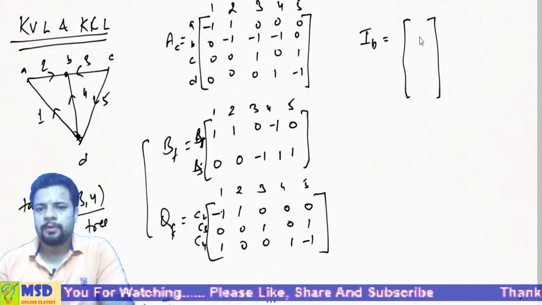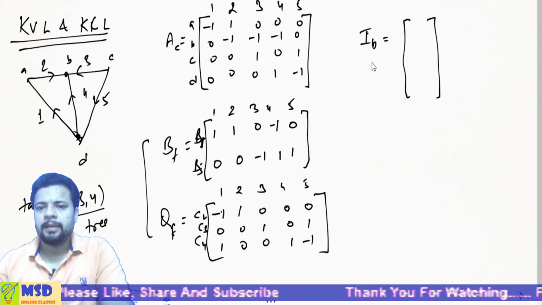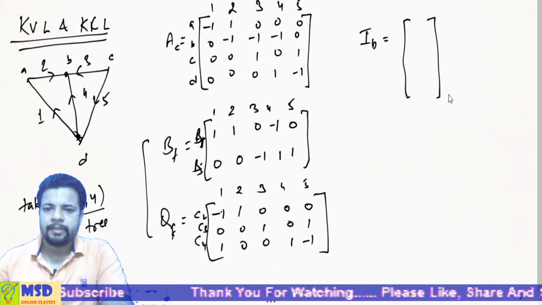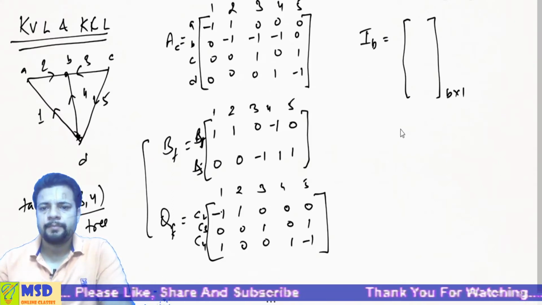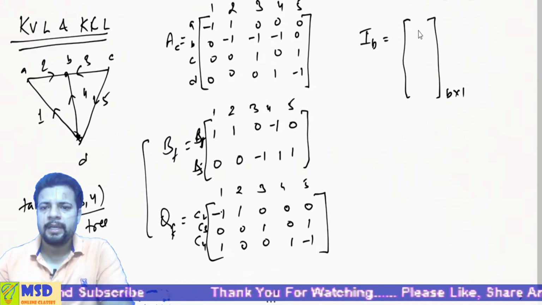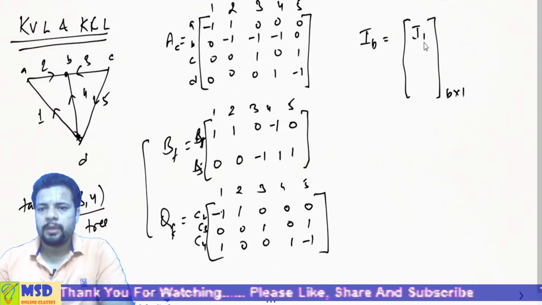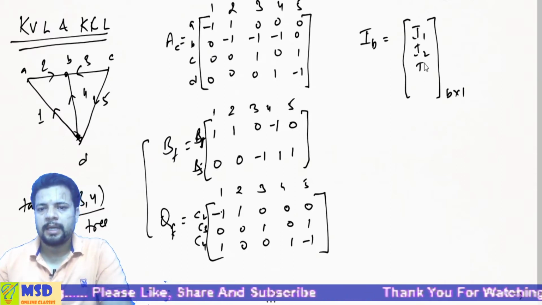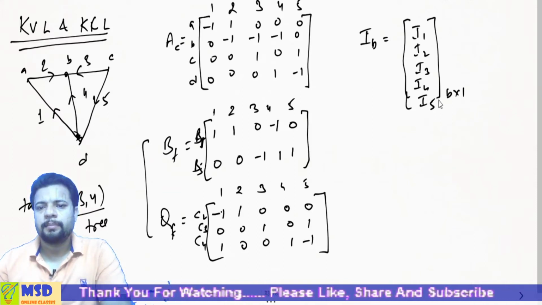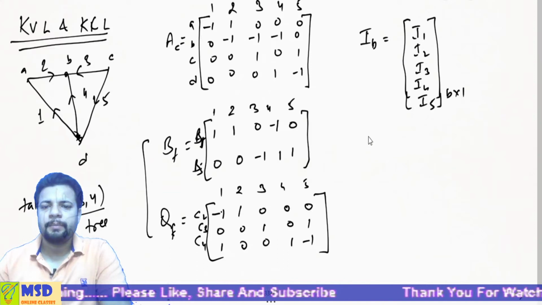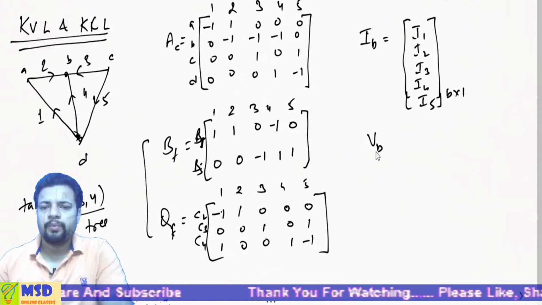Then for these 5 branches, IB, your branch current matrix, is a B cross 1 vector with elements I1, I2, I3, I4 and I5. Now these currents are your branch currents. Similarly, let me introduce one more matrix, VB.